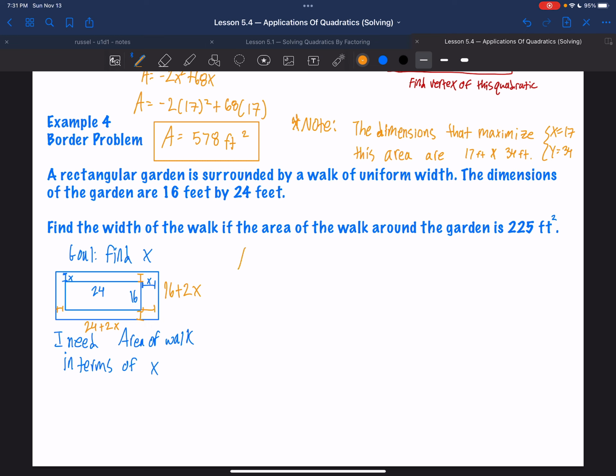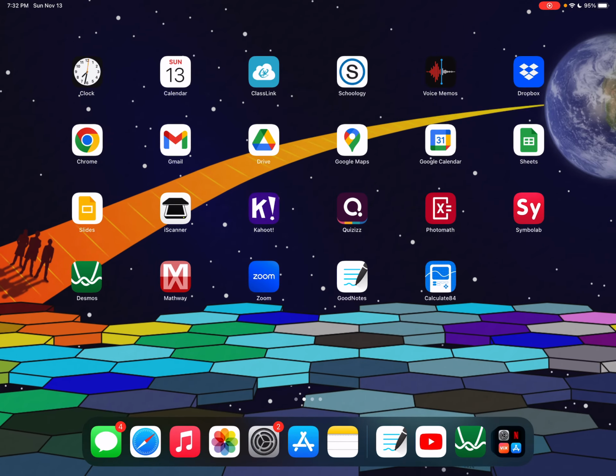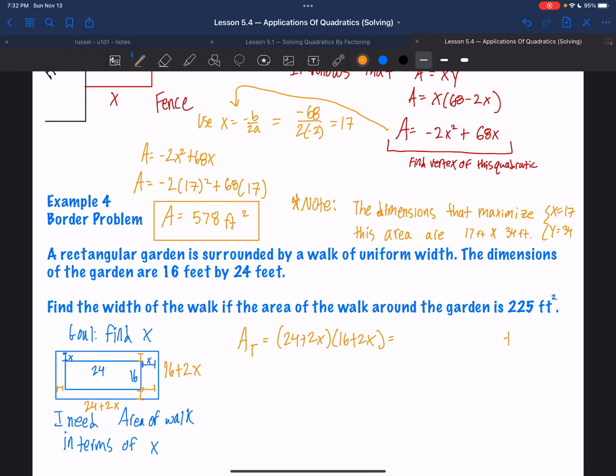Okay, so I'm going to call the area total is length times width, 24 plus 2x times 16 plus 2x, which if I multiply that out, let's see, 24 times 16, I don't know what that is. 24 times 16, 384. Beautiful. So I'll put that at the end here, please. 384. And then that's 4x squared. Ooh, okay, 48 plus 32.